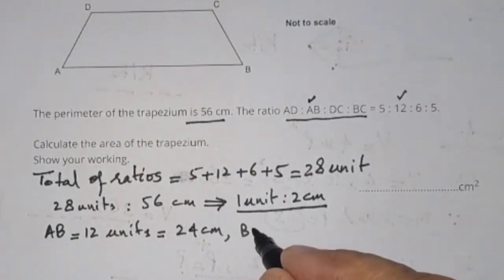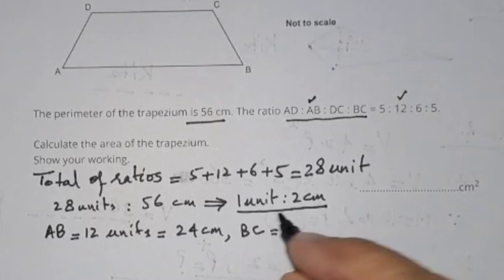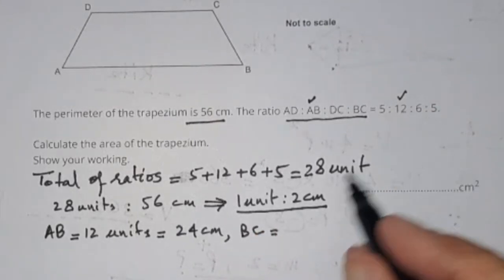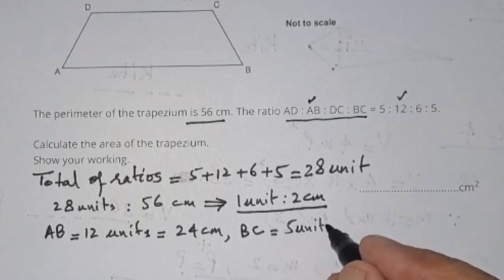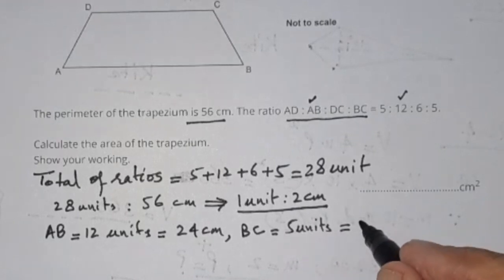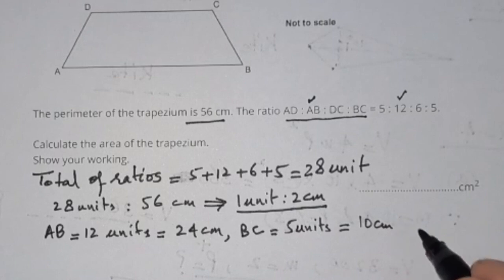Similarly BC is equal to 5 units, equal to 10 centimeter.